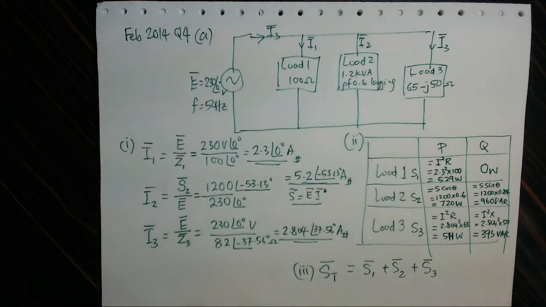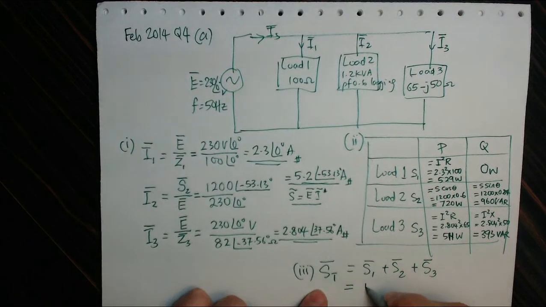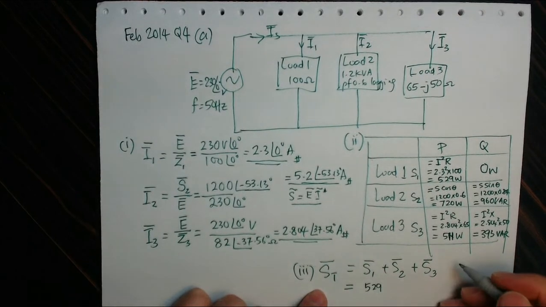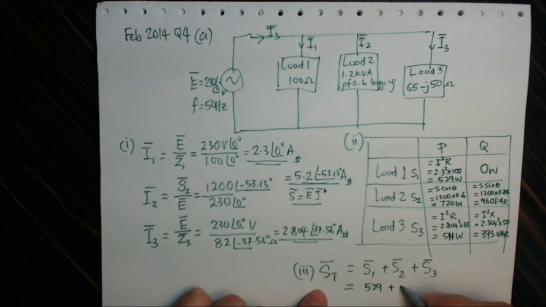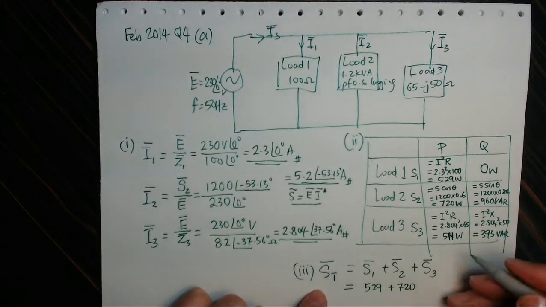Right, so now what's left is for me to add up all the powers. So that means 529 plus 720.